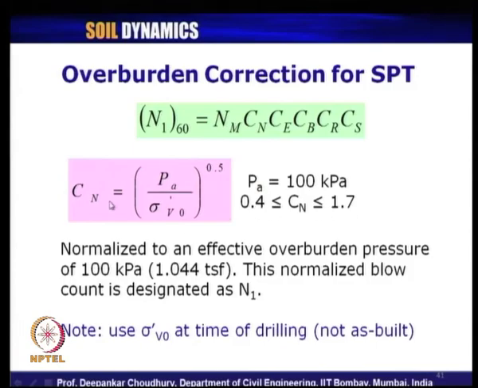So, if after putting your values from the field for sigma V naught dash, your Cn value comes to 2.1, what value of Cn should you use in this expression? 1.7, because that is the maximum limit of Cn proposed to be used in the expression for SPT correction. So, note it down, this range of Cn is also important.